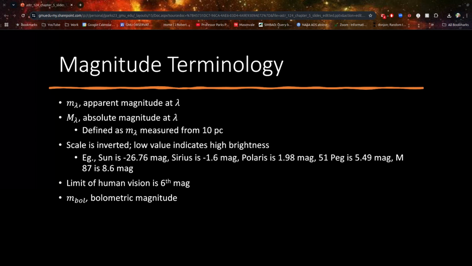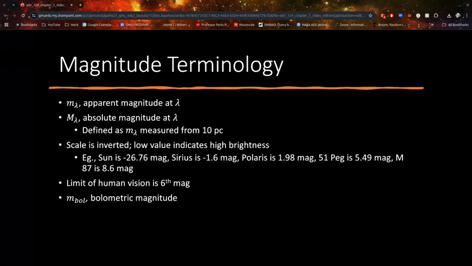Polaris, the North Star, isn't all that spectacular. It has a magnitude of around 2. 51 Peg, which is the host of the first exosolar planet around a sun-like star, is actually barely visible in a very good sky, and that is 5.49. Whereas M87, an elliptical galaxy, has an integrated magnitude of 8.6.